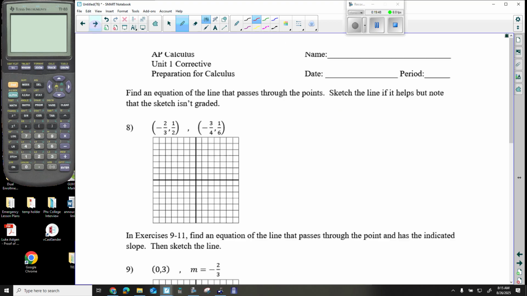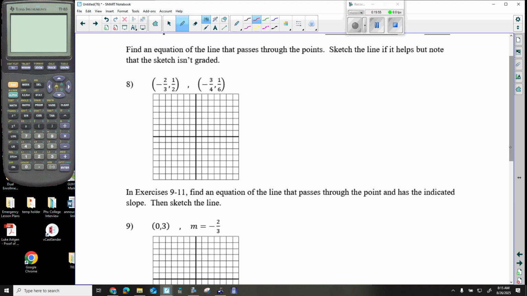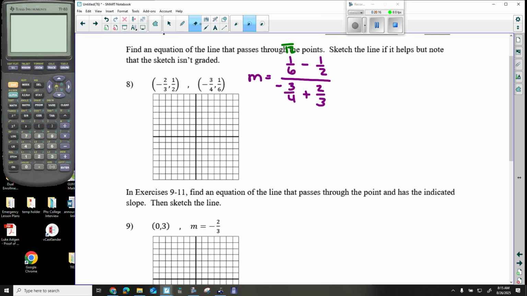All right, find the equation of the line. We don't have to graph it. So let's find our slope. That's y2 minus y1 over x2 minus x1. For this top, I'm going to see these as sixths.